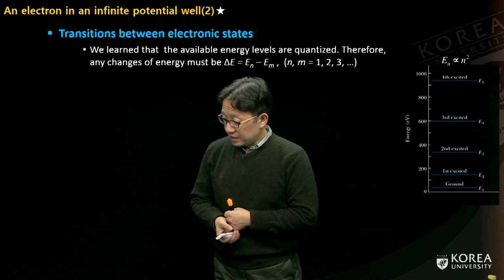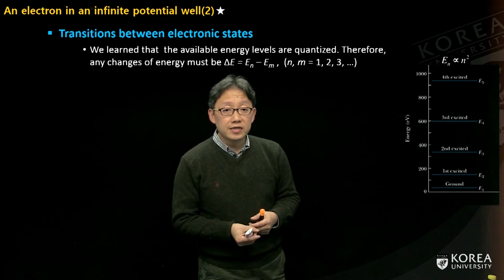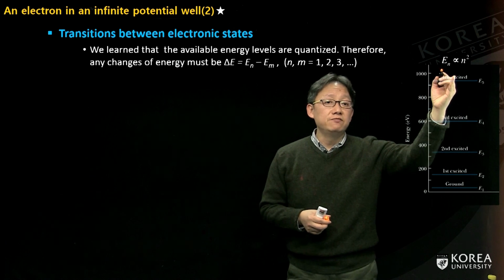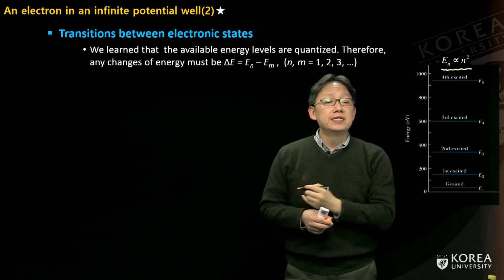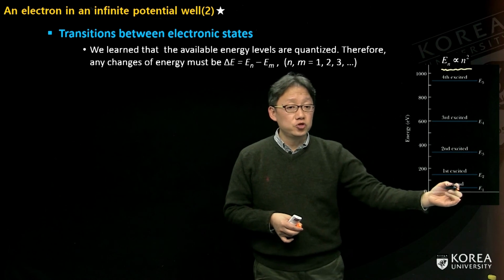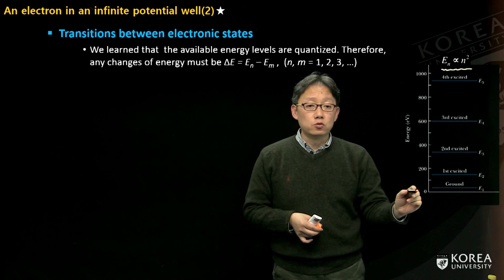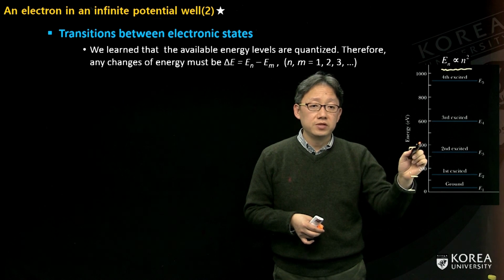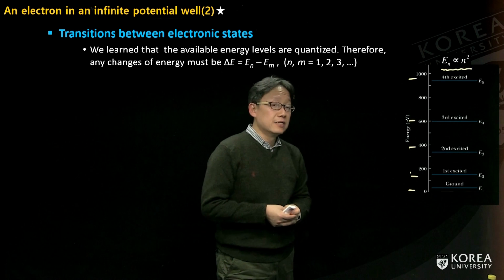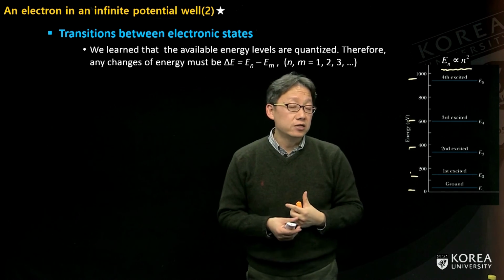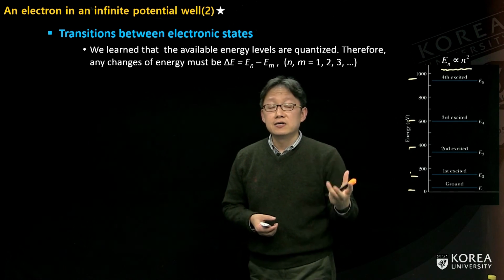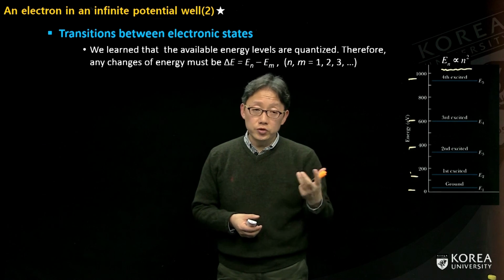And now let's think about what is actually happening when you change energy. We just learned that in the infinite potential well, the energy is proportional to the square of the quantum number. And if you change n from 1, 2, 3, 4, 5, as you can see, if you go to higher n, the distance between nearby energy levels becomes larger and larger, simply because the energy is proportional to the square of the quantum number.